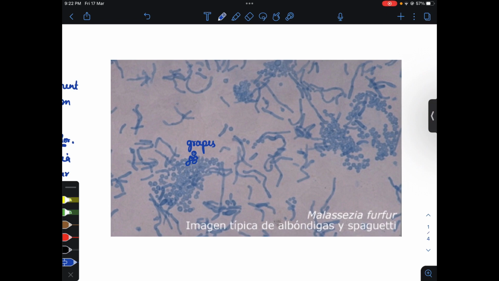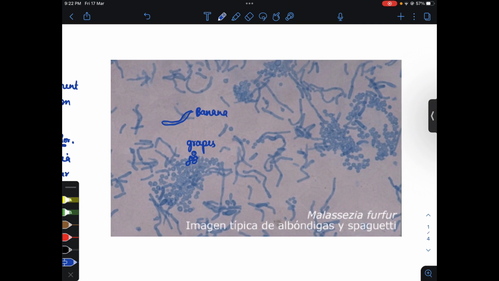If the person is vegetarian, they think these look like grapes, and the filaments look like spaghetti or noodles, or like bananas.